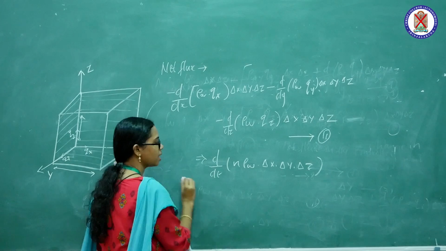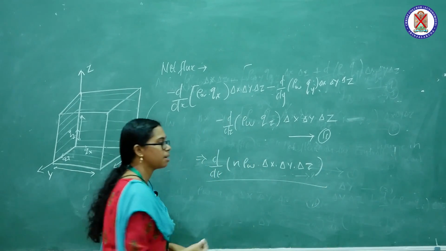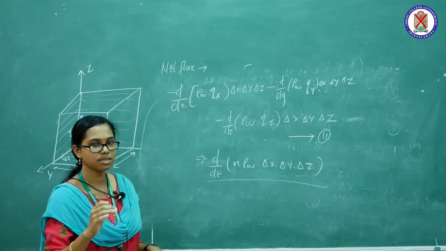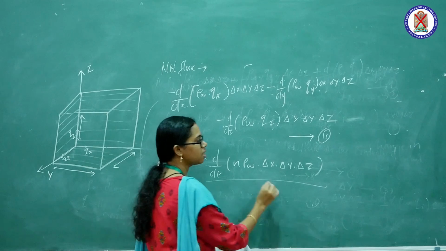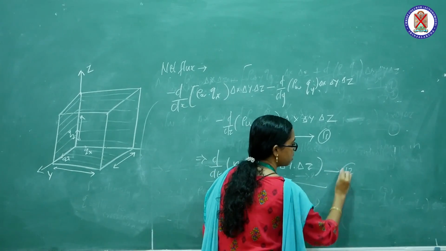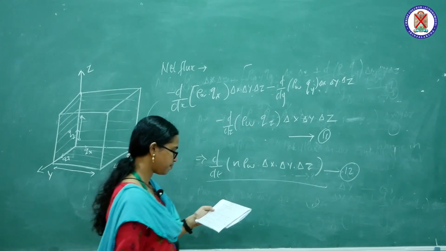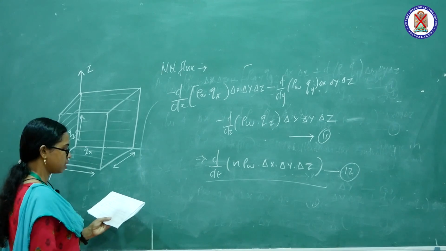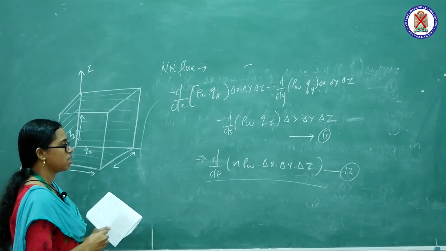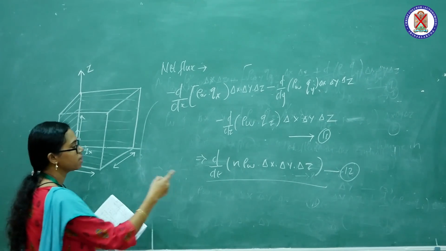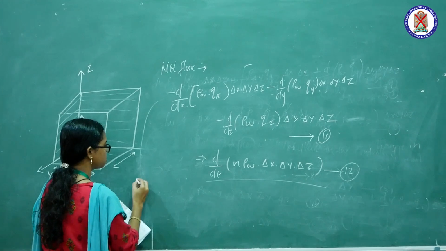This right hand side portion represents the change in storage with respect to time, and we will number it as 12. According to the equation, we have to equate these two equations.